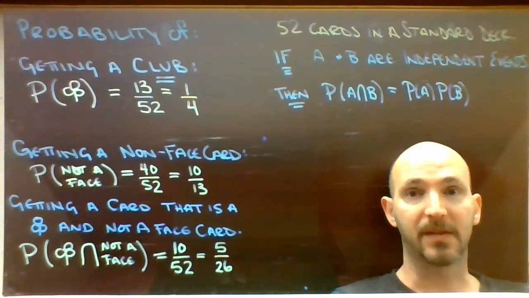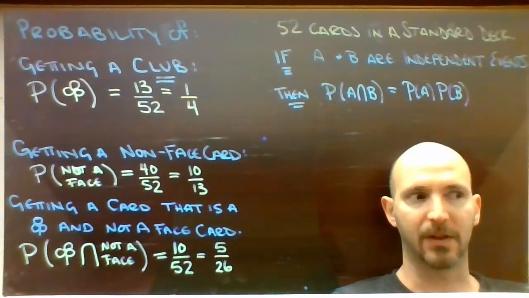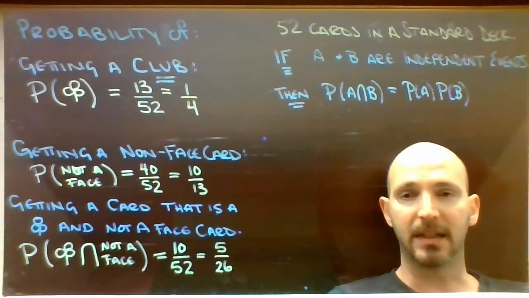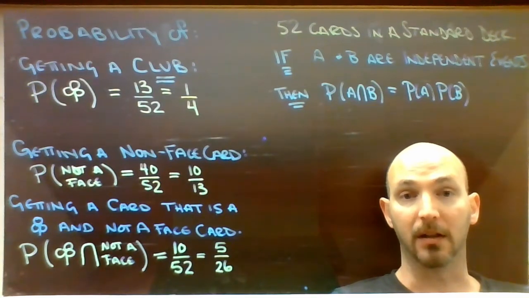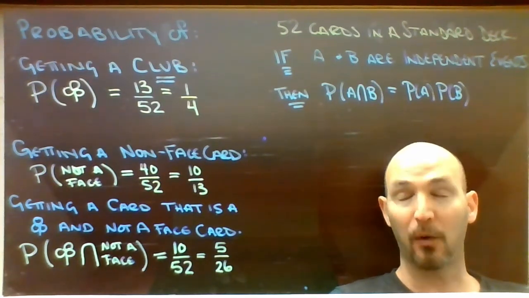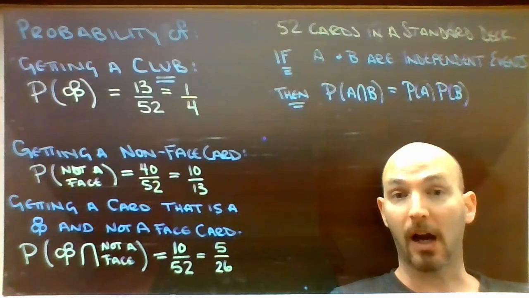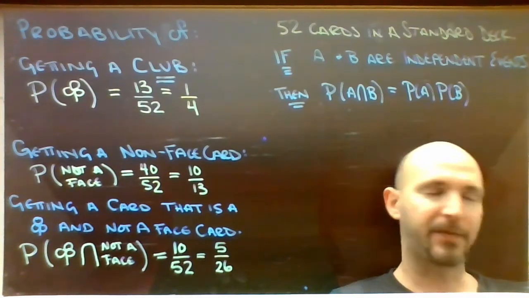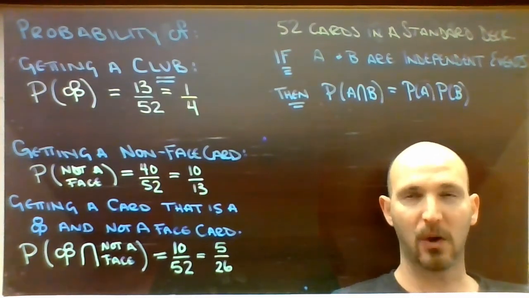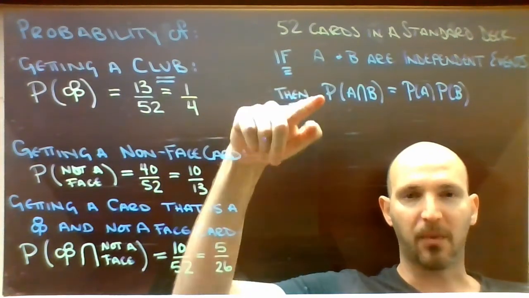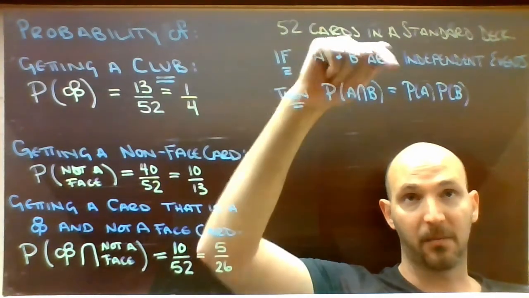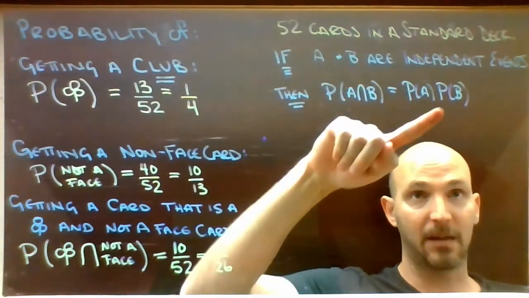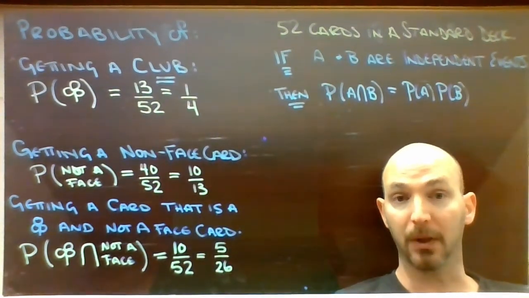So an example of something that might not have anything to do with each other is the probability of being more than 6 feet tall and the probability of liking blue as your favorite color. One assumes, hopefully correctly, that your height above the ground doesn't affect your preference for the color blue. So I should be able to find the probability of 6-footers who like blue by taking the probability of being over 6 feet and multiplying it by the probability of liking blue.